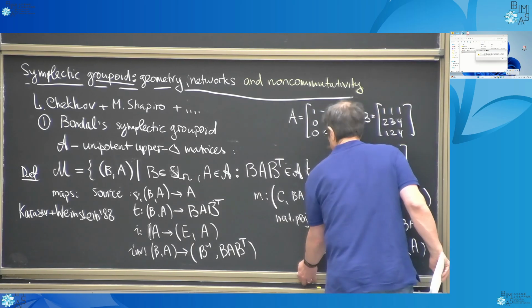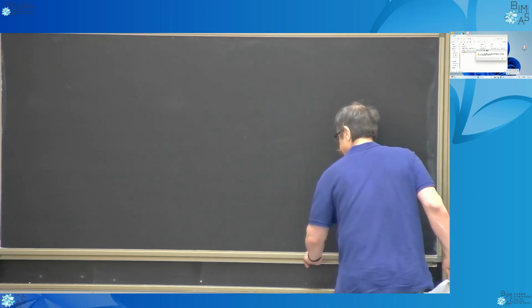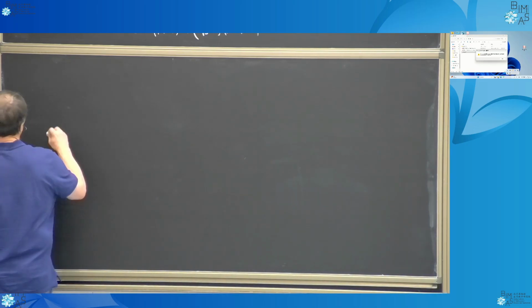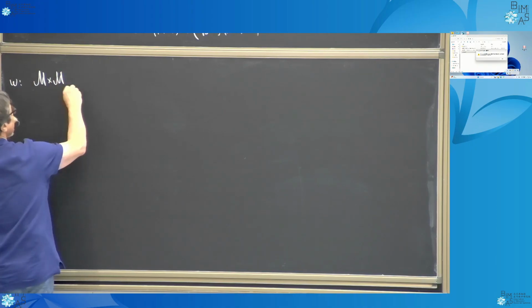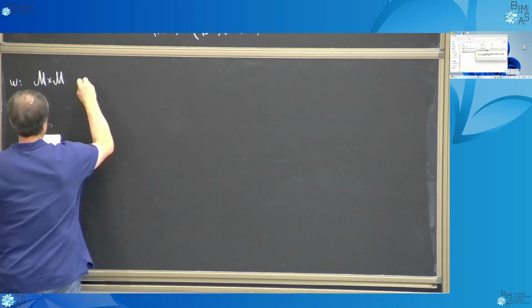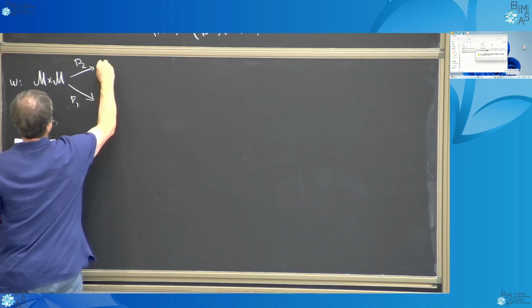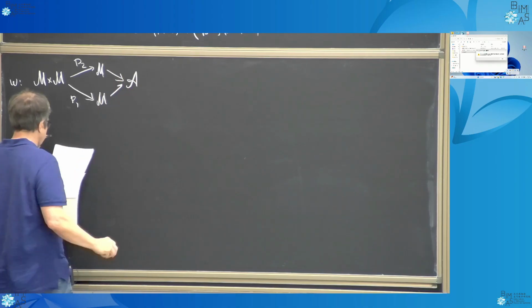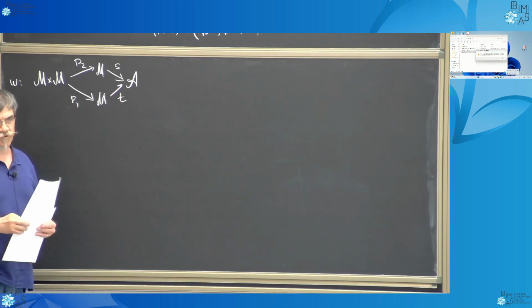What is non-trivial, so far it's just pretty general and maybe not so interesting, is that if we have this pair with two projections, then we can make a transformation by source and target maps, and this diagram is commutative.